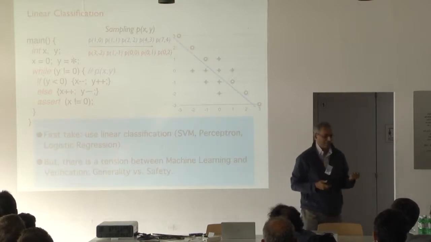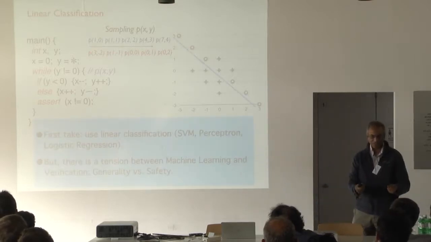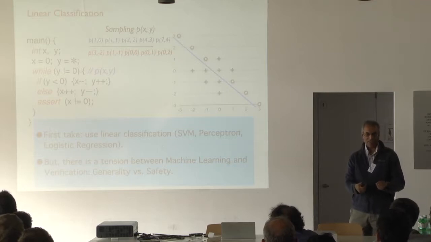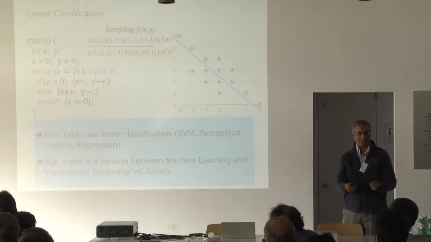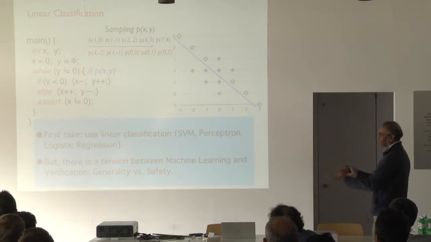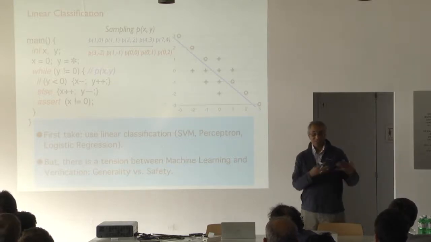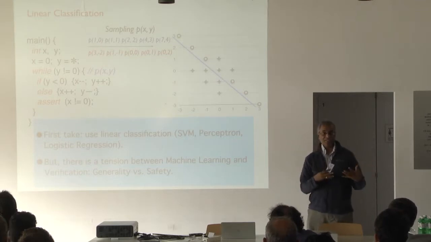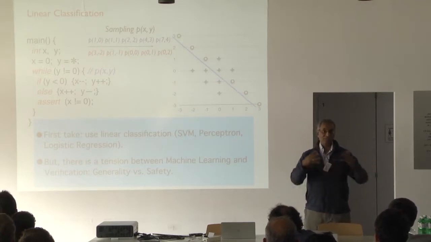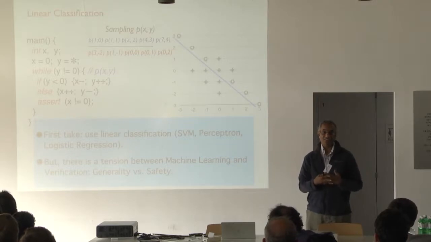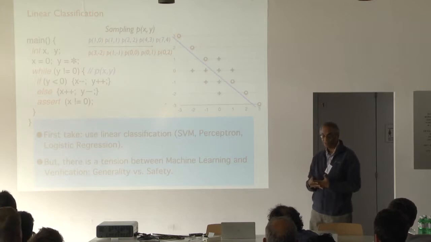So if we tried to just apply off-the-shelf tools that construct linear classifiers, like SVM, perceptron, logistic regression, it's going to be a problem because those tools are in the business of trying to maximize generality, even at the cost of soundness. That is, they're okay mislabeling certain inputs.